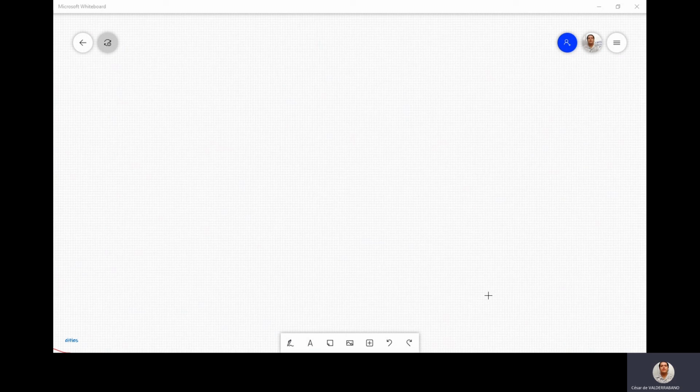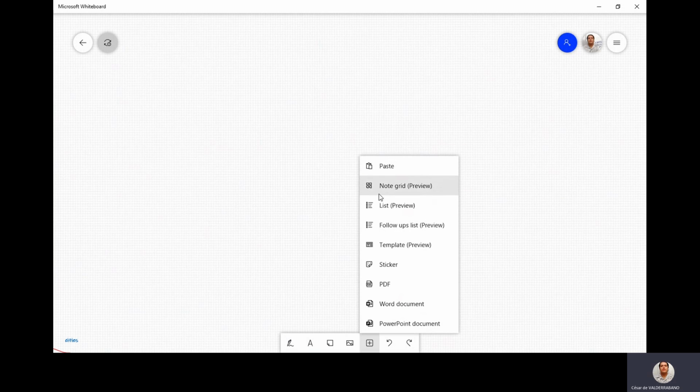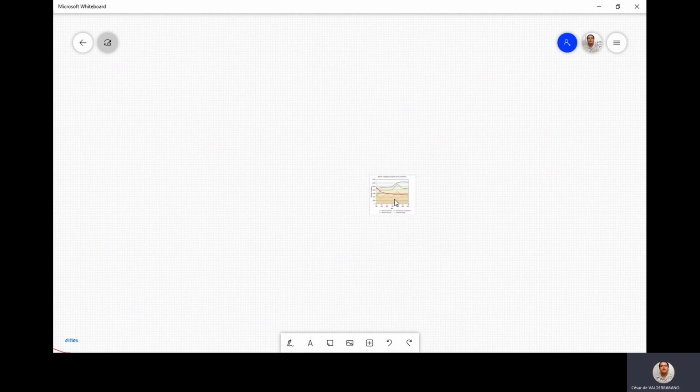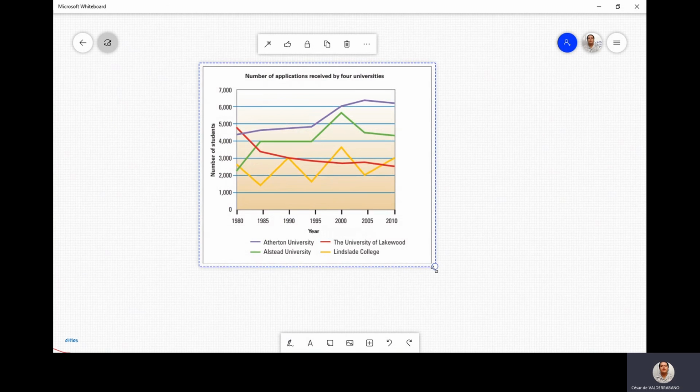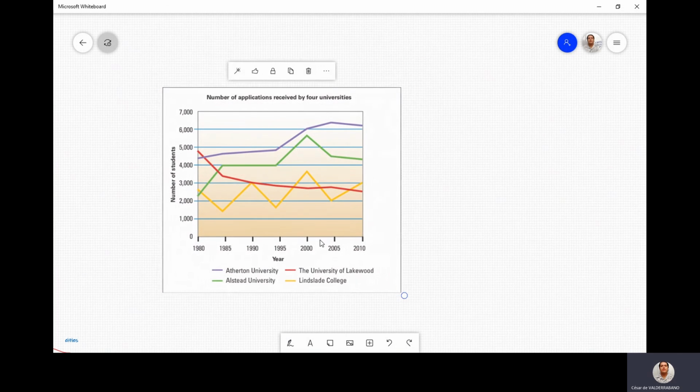You have to follow the steps right here. So the graph you have to work on is this. So do the exercise.